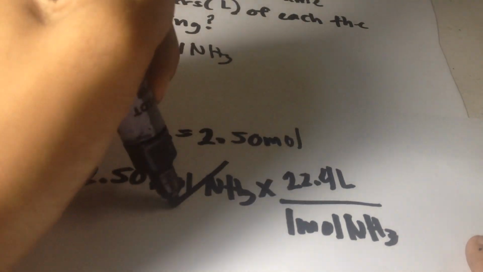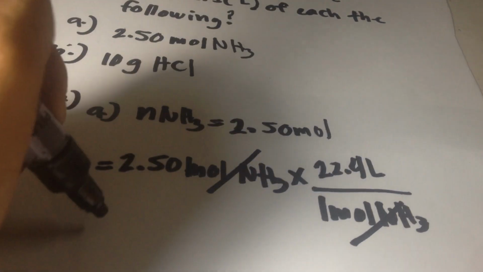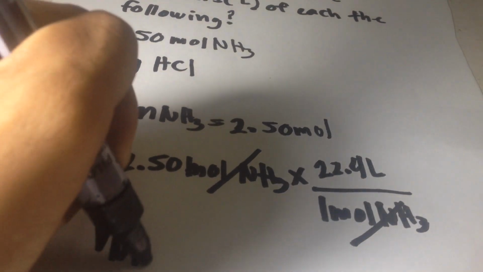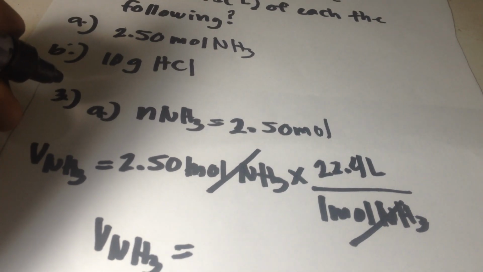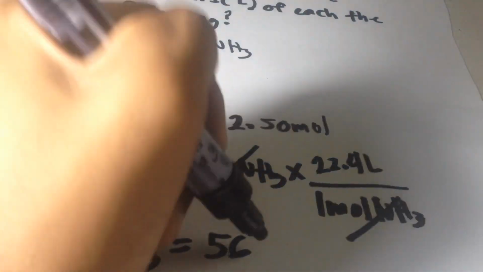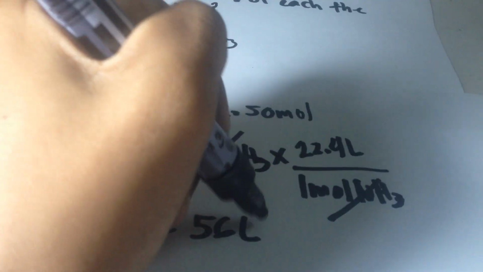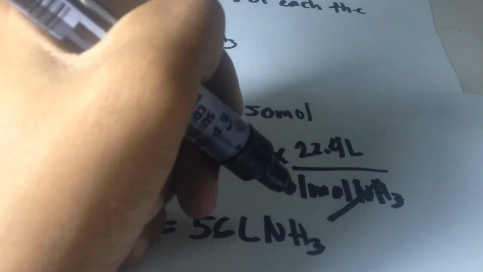So you cancel out moles. So the volume of ammonia is equal to 2.5 times 22.4, which is 56 liters of ammonia. So this is the final answer.